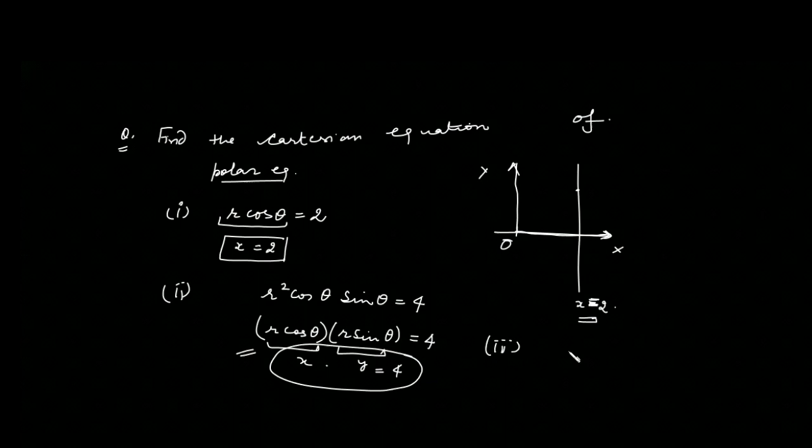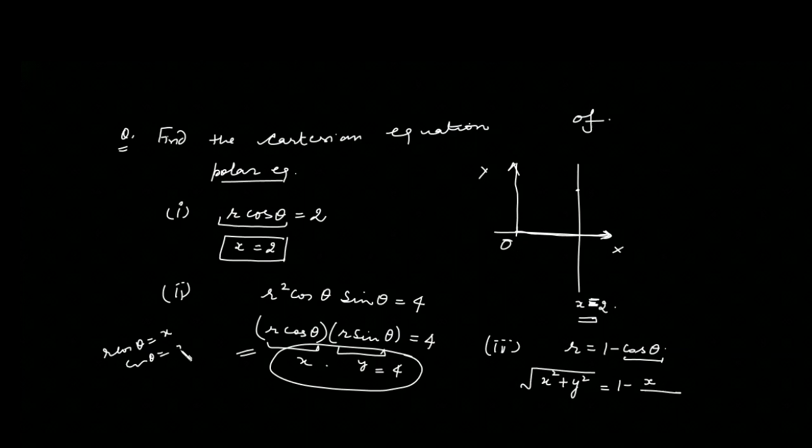Similarly, if we are having an equation r is equal to 1 minus cos theta, then we can put r to be the square root of x square plus y square and cos theta to be x upon r, since we know that r cos theta is equal to x.